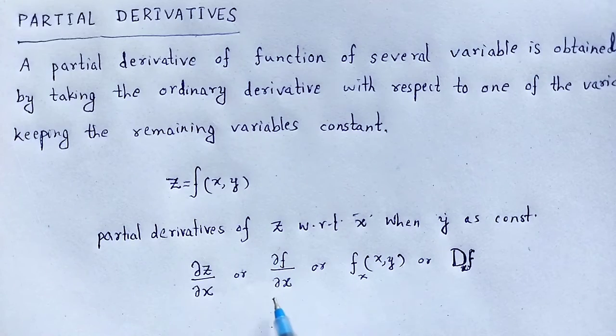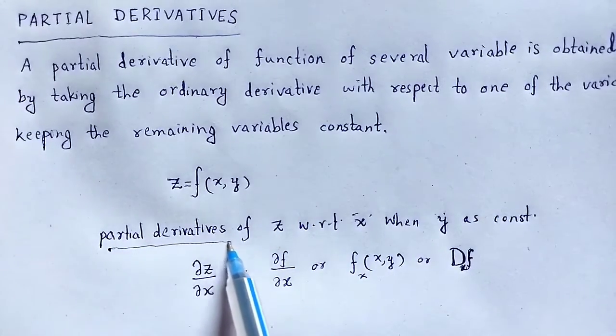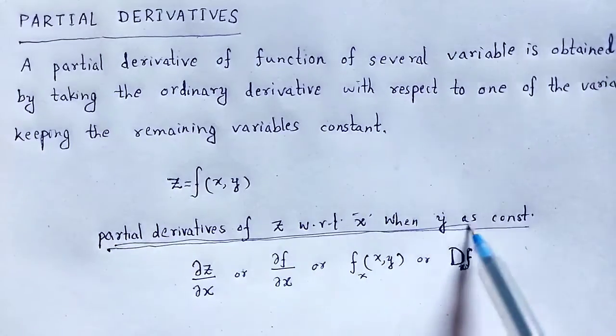These are the symbols for writing the partial derivative of z with respect to x where y is treated as constant.